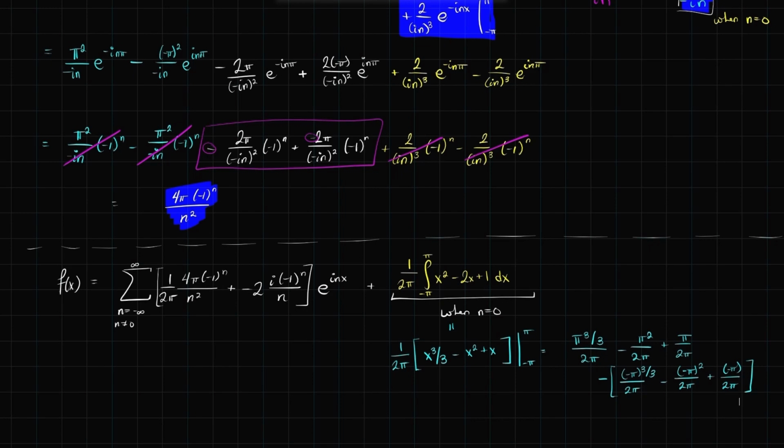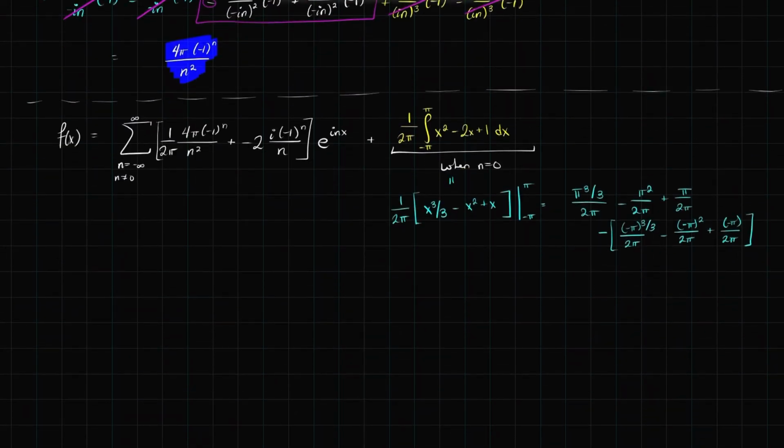If I go ahead and simplify everything here, what I have is pi cubed over 3 minus negative pi cubed over 3. So that's actually going to be twice pi cubed over 3 times 1 over 2 pi. I'm going to have a negative pi squared and a minus a negative pi squared. These terms actually end up canceling. And finally, I have a pi over 2 pi minus negative pi over 2 pi, also known as plus pi over 2 pi.